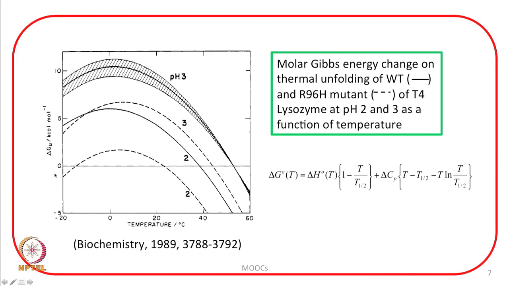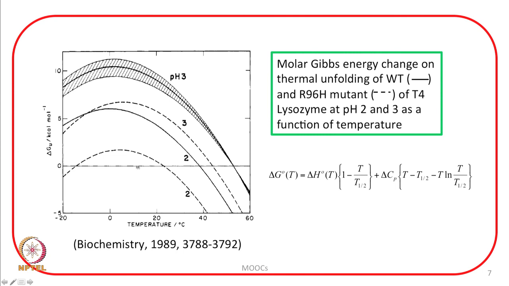And you draw a line at 0. Wherever this line crosses the delta G naught curve, that should be the transition temperature. So, at pH 2 for the mutant the transition temperature is this. For the wild type T4 lysozyme at pH 2 the transition temperature is this. At pH 3 for the mutant the transition temperature is this, and for the wild type at pH 3 the transition temperature is this.